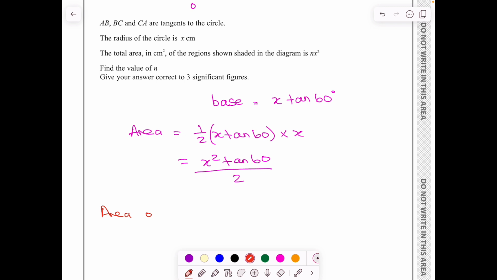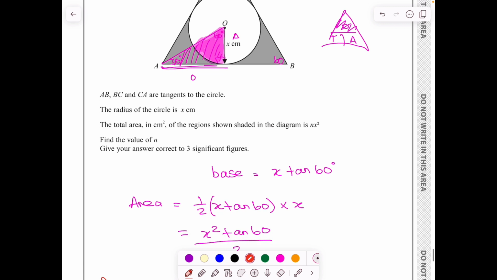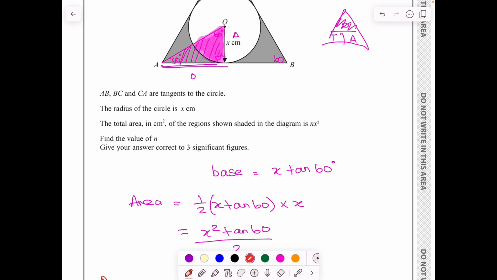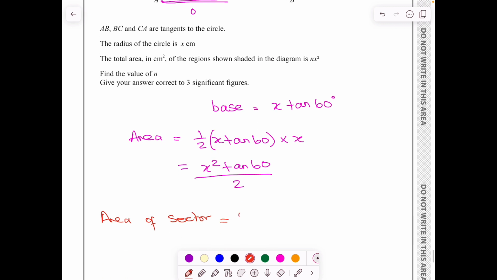The area of sector is 60 over 360 times pi x squared.